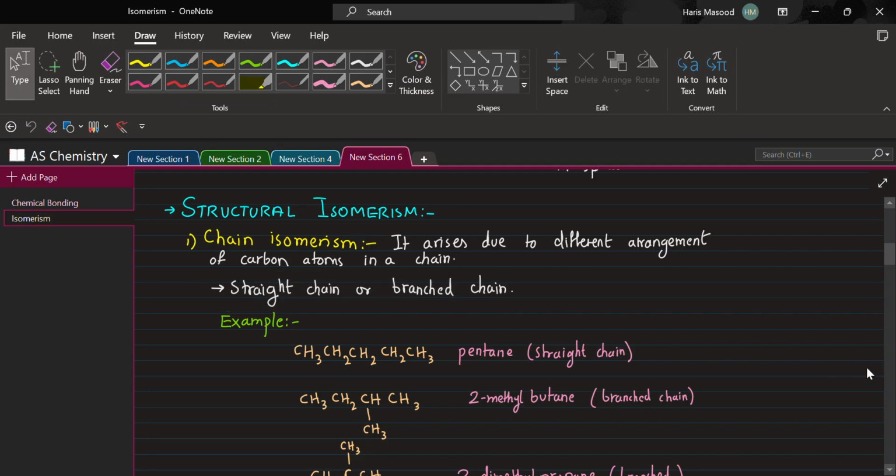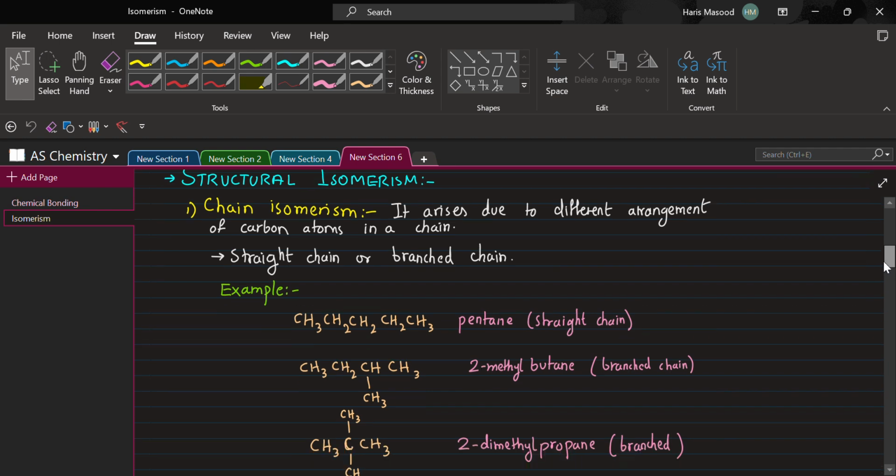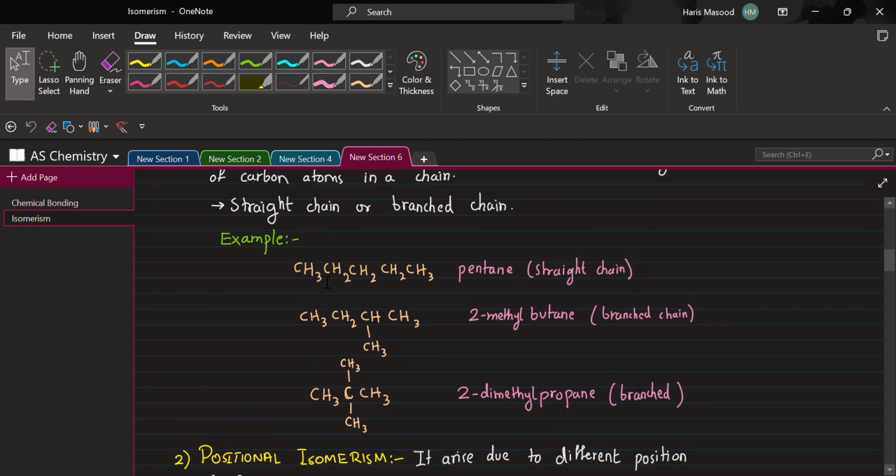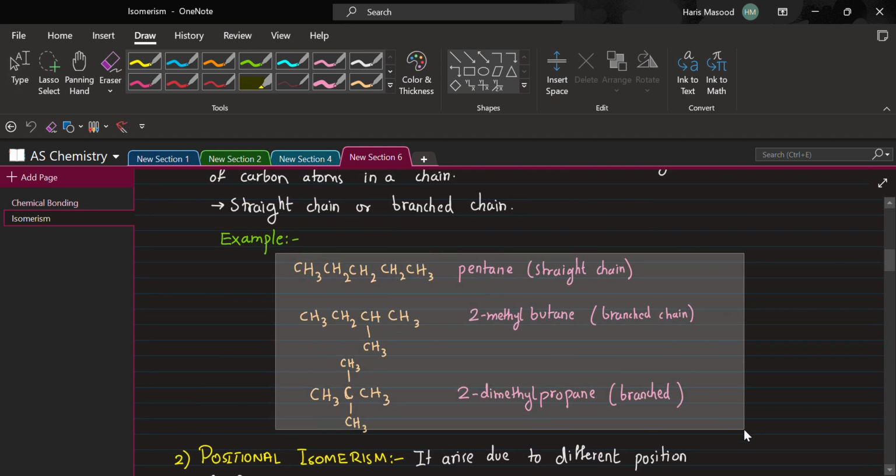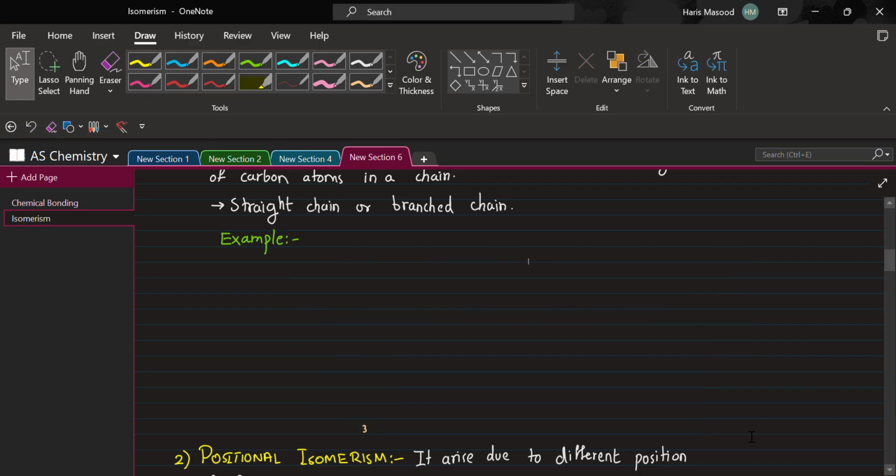If I have, I'll draw these. You have a simple molecule of pentane, CH3, CH2, CH2, CH2, CH3.